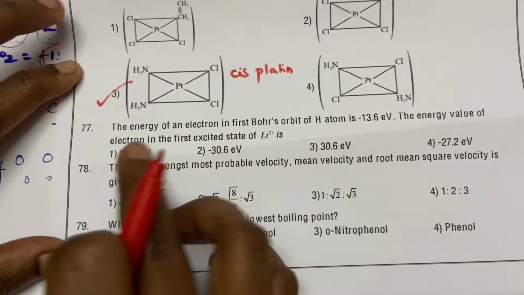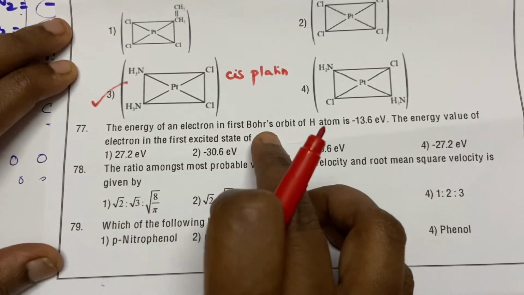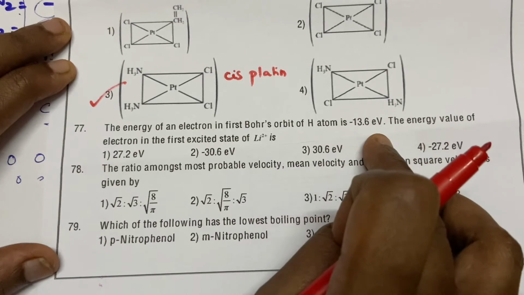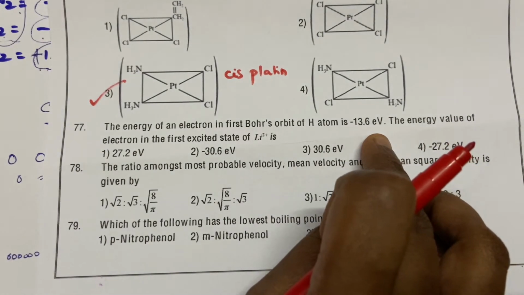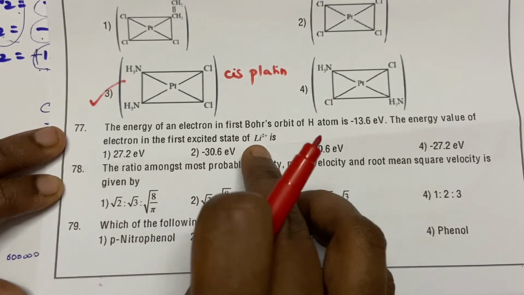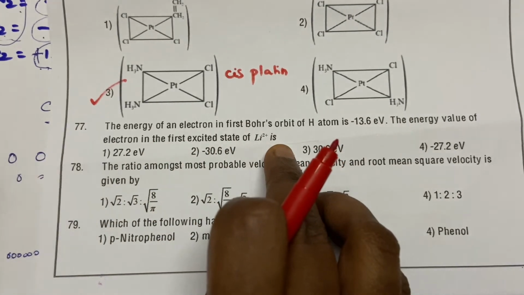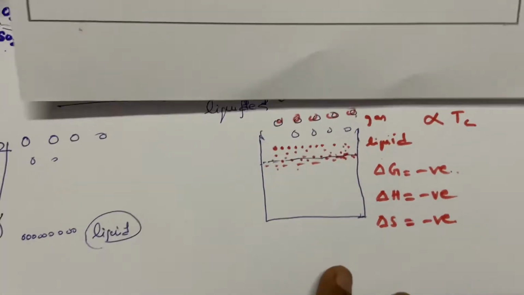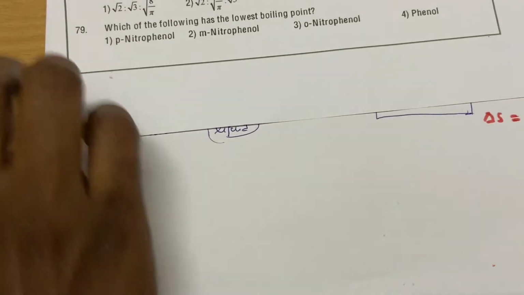So here the energy of an electron in the first Bohr's orbit of hydrogen atom is minus 13.6 electron volt. The energy value of electron in the first excited state of lithium 2+? See, Bohr's model is very much valid for the one electron system.